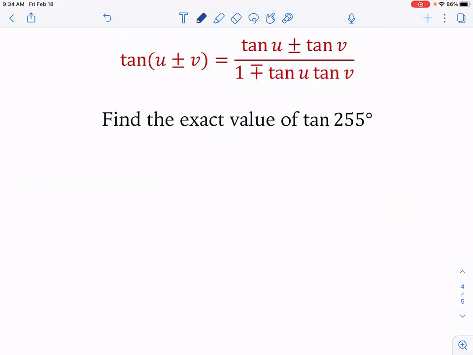Now brainstorm with your peers. All right.